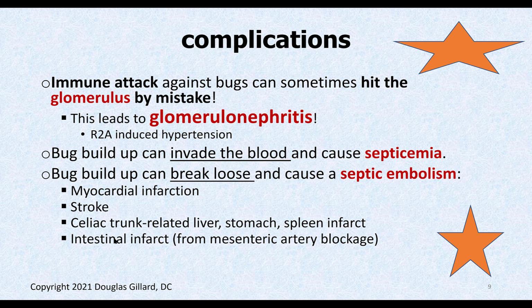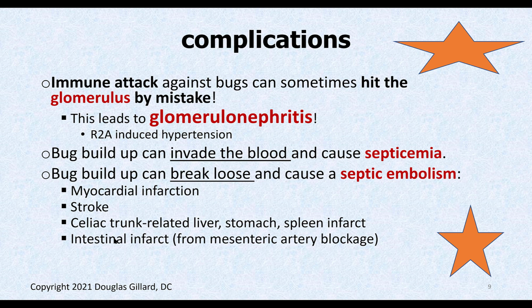And so you can get a glomerulonephritis, which is not good. It can permanently damage the kidneys. That can cause hypertension by turning on the RAA system when it doesn't need to be on. And we usually don't have time to make it that far to glomerulonephritis, but it's not a good thing. It can ruin your kidneys.